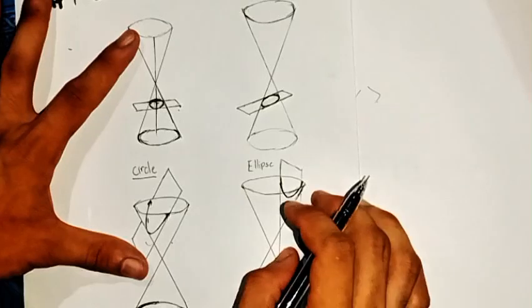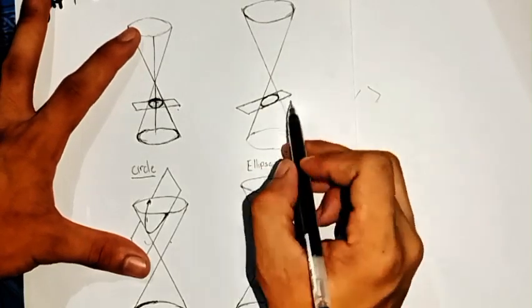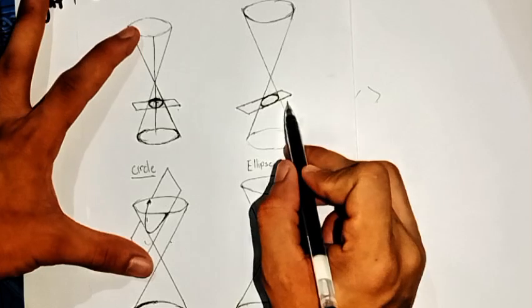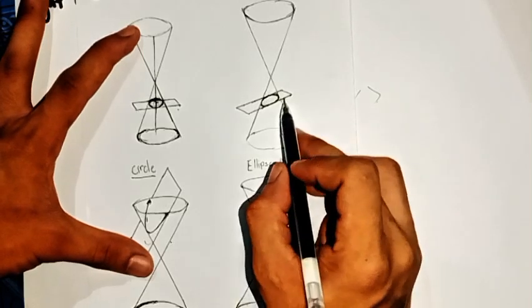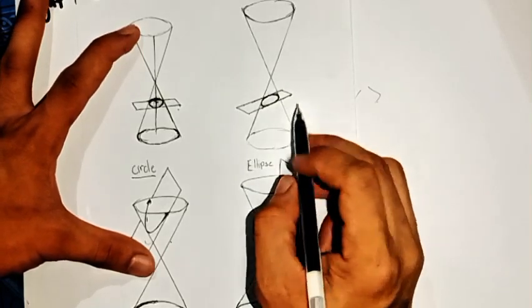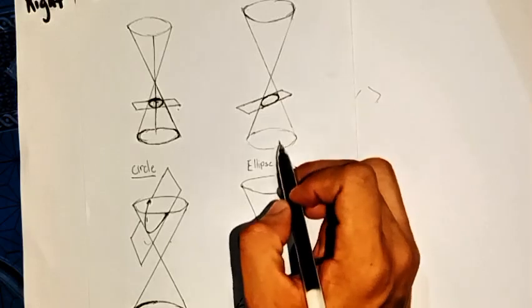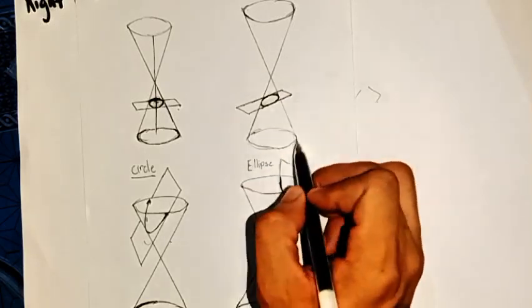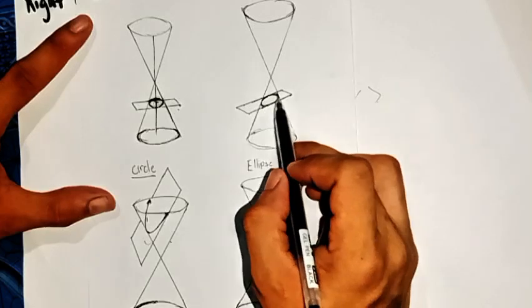In figure 2, this is our plane and this is our right circular cone. If a plane cuts the right circular cone not parallel to our base, we can generate a curve called an ellipse.